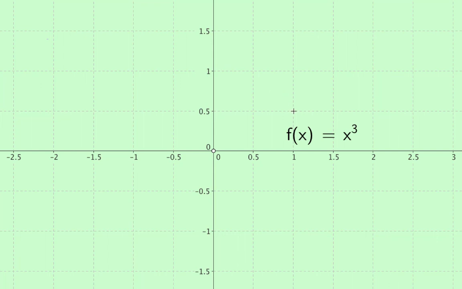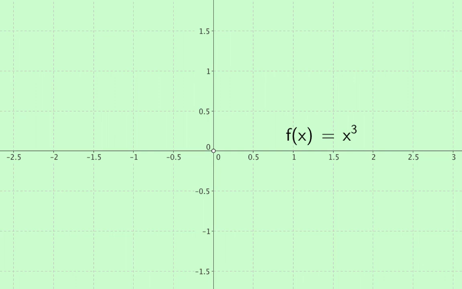Let's now look at another function of x. Here, f of x equals x cubed. Now, this is a function that's very negative when x is negative. It's 0 when x is equal to 0 and very positive when x is positive. Let's ask our magic pen to plot this.